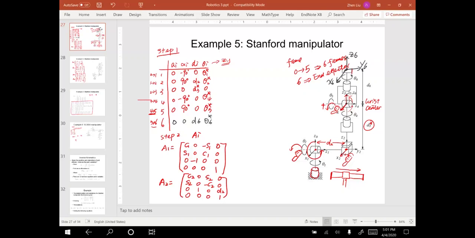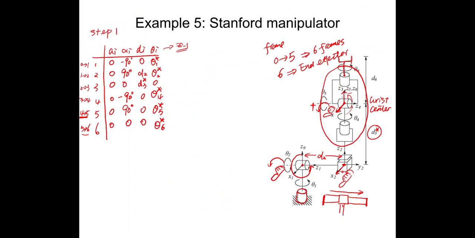Now we can see that the first step is to find the 4 parameters. And then the second step is to use the A_i matrix to find out A1. Now we have A1 to A6. For A1, if we plug in these 4 numbers, 3 are constant and 1 is the changing variable, so I can quickly generate this A1 matrix.